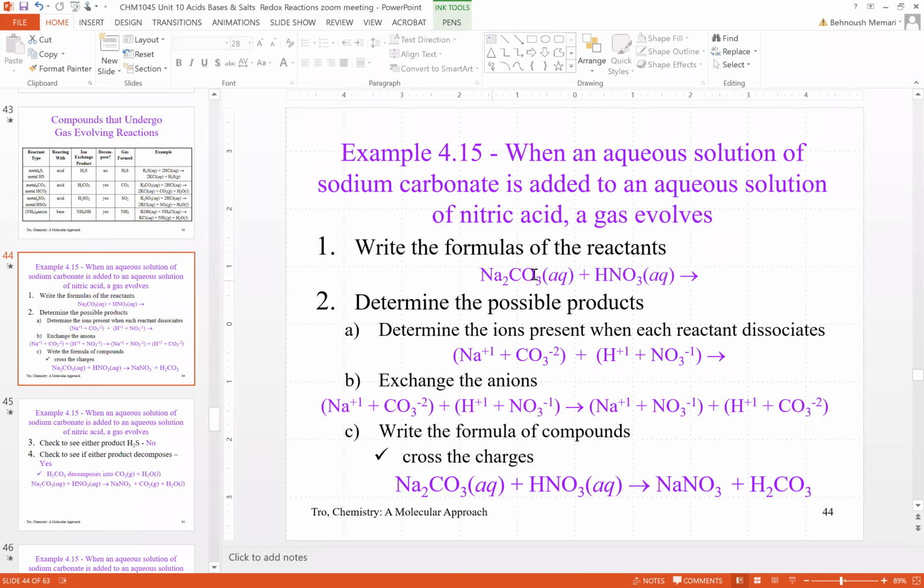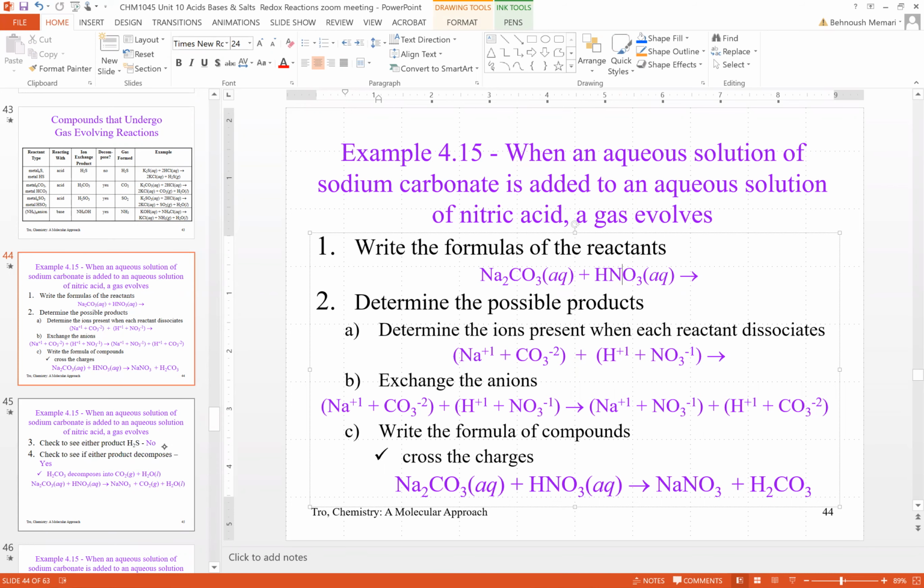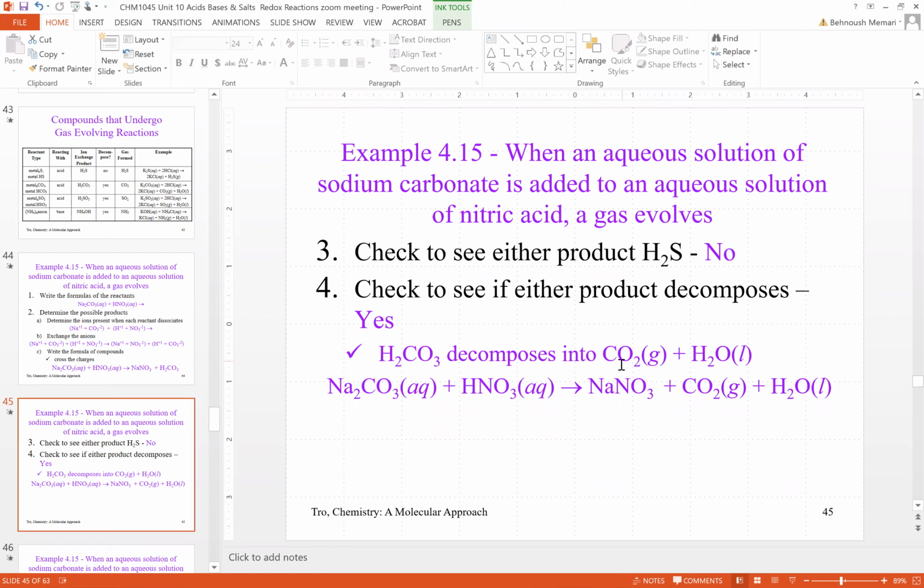We have sodium going with nitrate and hydrogen with the carbonate. We get H2CO3. H2CO3 is unstable, and it will generate CO2 plus H2O. Usually you don't write this intermediate. You can write directly the final product, which is H2O and CO2.